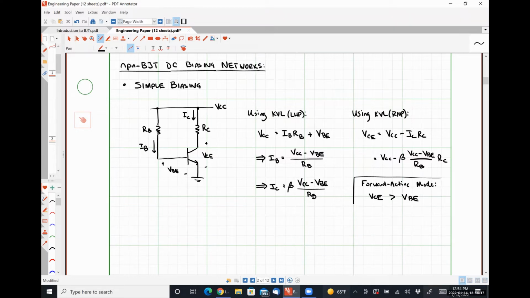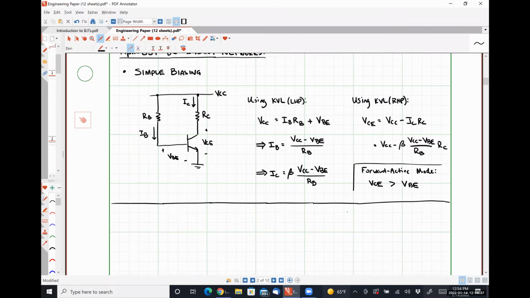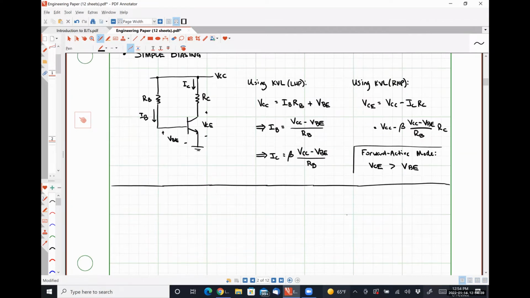Okay. So let's put this set of equations into use. Let's say that I have the following circuit where I have a power supply voltage of 2.5 volts.